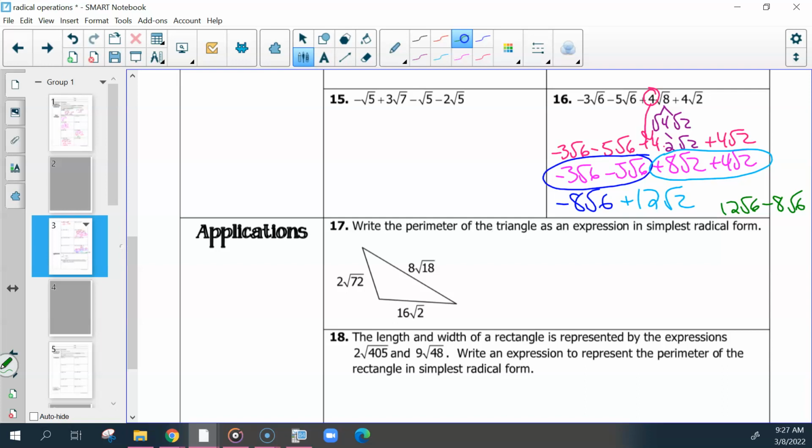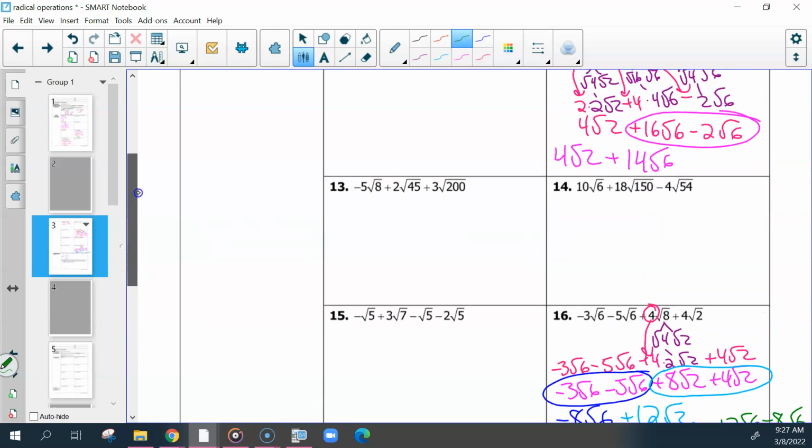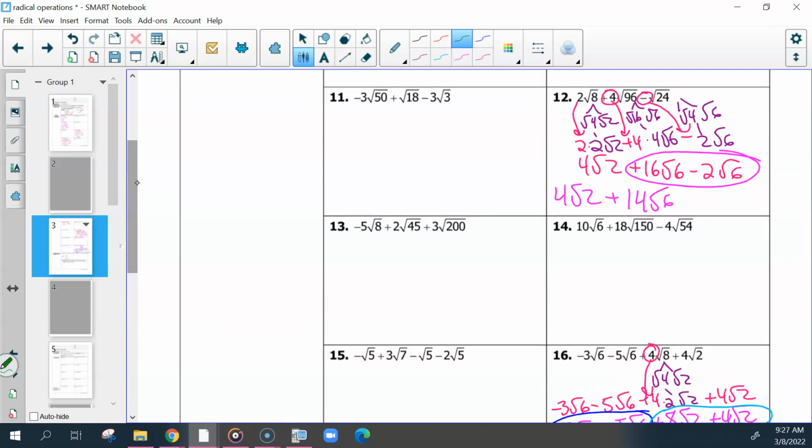Questions on that? 4 times 4 from the 4, 96, would it be 16? You see how there's a 4 outside of the 96? Wouldn't it make it 16? I don't know what problem you're on. I'm on number 12. That's the one we're doing, right? No. Yes, that was 16.